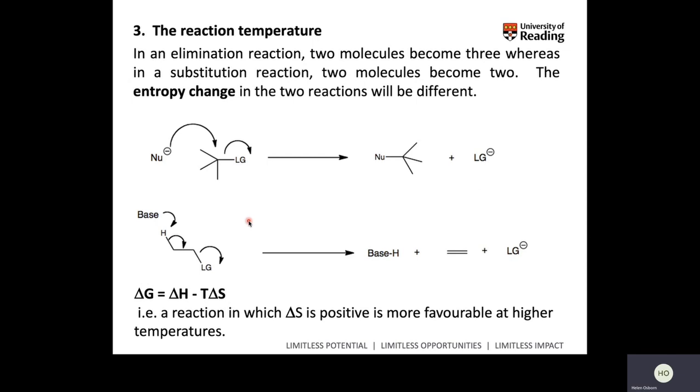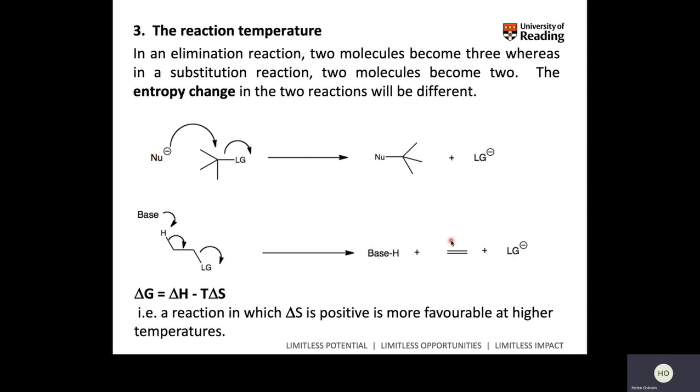In contrast though, if we were to look at our elimination reactions, and again I've drawn it here for E2, but the same would be said for E1. On the left-hand side we've got our base and our starting material, so we've got two molecules. But when we've done our elimination reaction, our base has pulled off the hydrogen to give us one molecule.